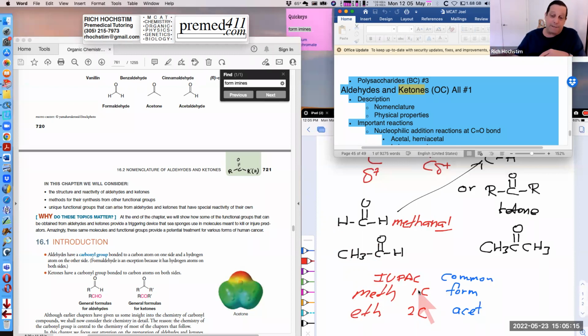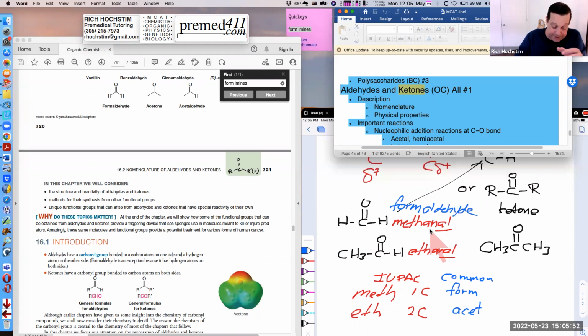Now, as far as this character goes, that would be ethanal. And if you go into the lab, no one will ever call this methanal and ethanal because the common names are so entrenched. So if we look at the common system, we get here form, but we don't say formal, we say formaldehyde.